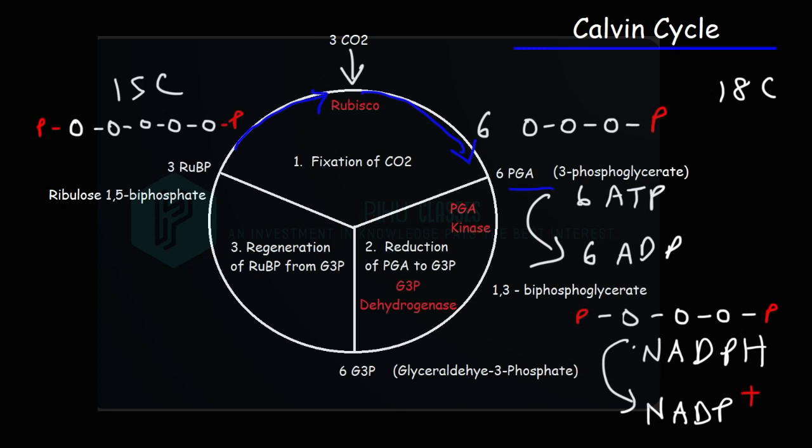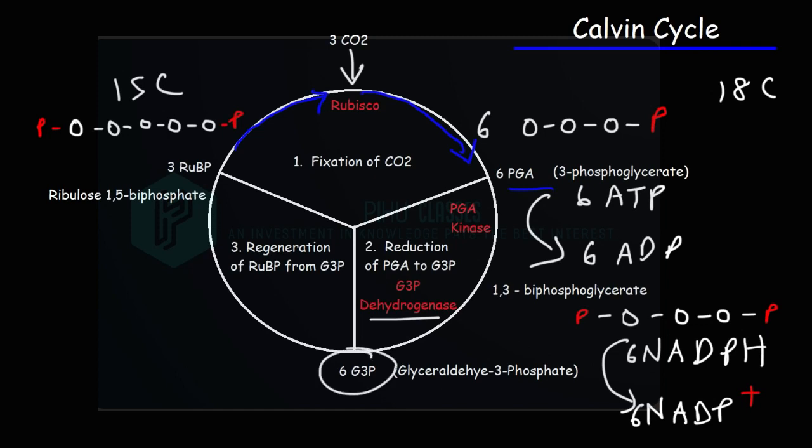Now, we need 6 molecules of NADPH to do this. This reaction will be catalyzed by the G3P dehydrogenase enzyme. This enzyme, as the word dehydrogenase suggests, removes hydrogen from NADPH.